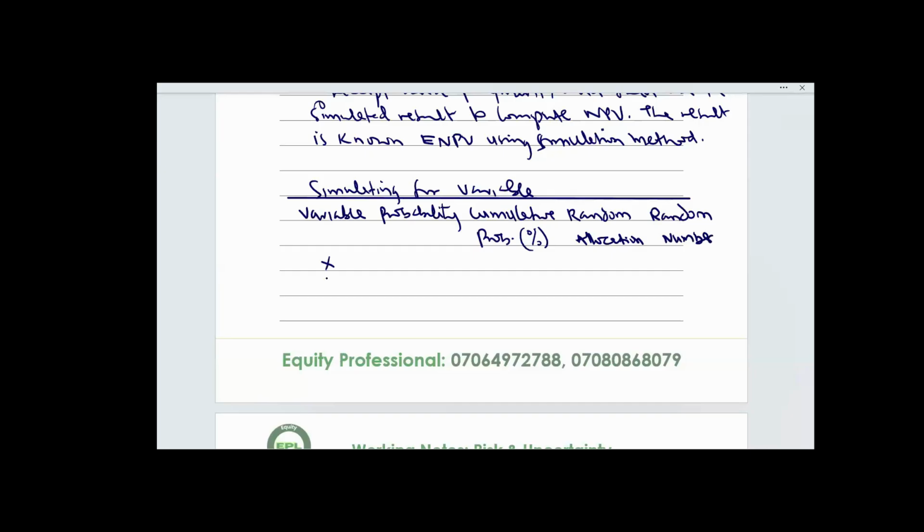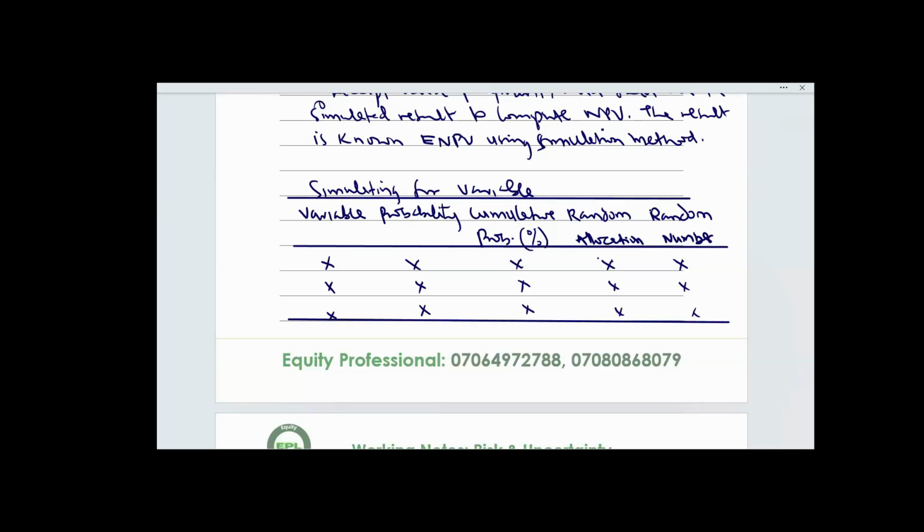So let's say you have this probability, then your allocation. You put the random number into the appropriate cell. So this is the format to simulate for variables, either receipt or payments.